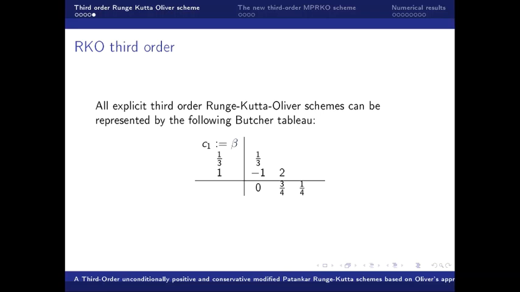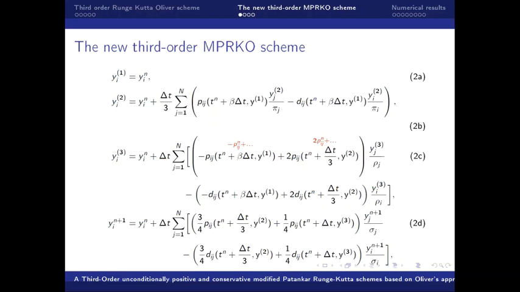And then the next comment is about the new third order scheme, to ensure unconditional positivity, in equation 2c, where you have the minus in front of the Pij.